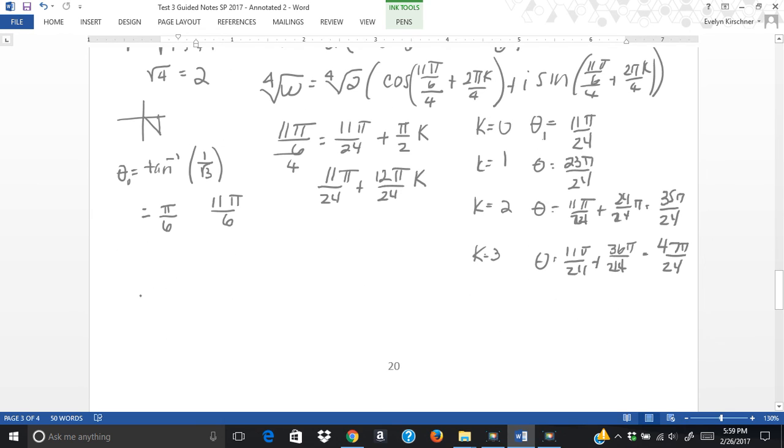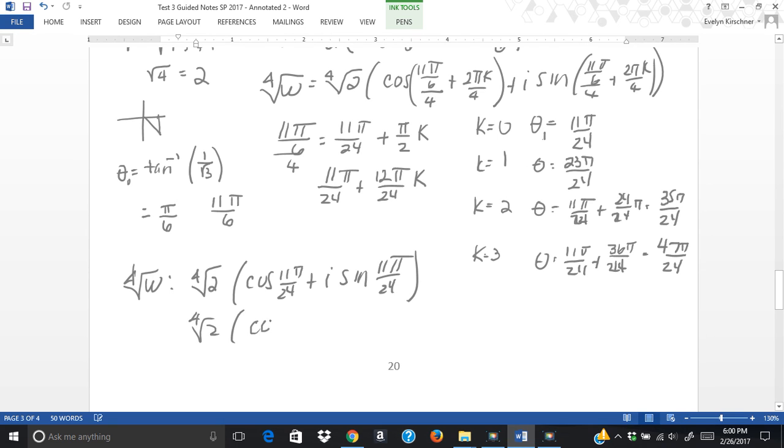So the fourth roots of w are as follows. It's the fourth root of 2 times the cosine of 11 pi over 24 plus i sine of 11 pi over 24. The fourth root of 2 times the cosine of 23 pi over 24 plus i sine of 23 pi over 24.